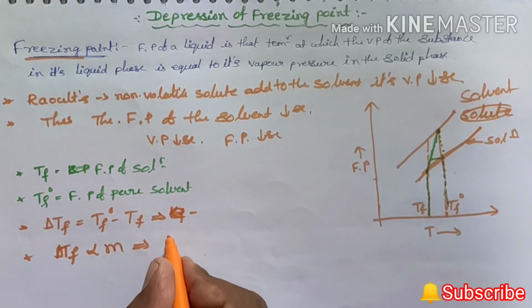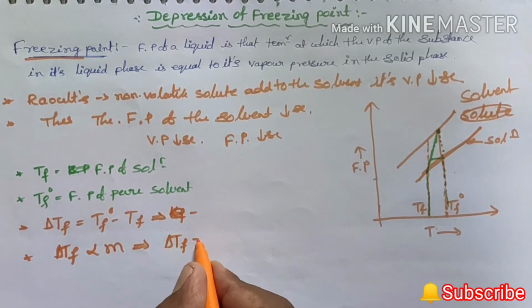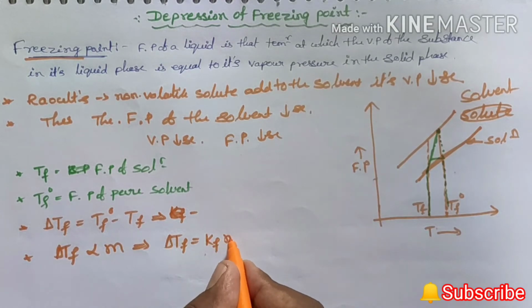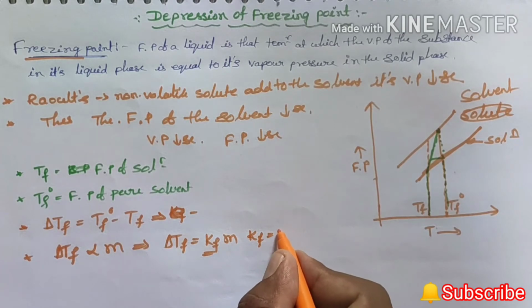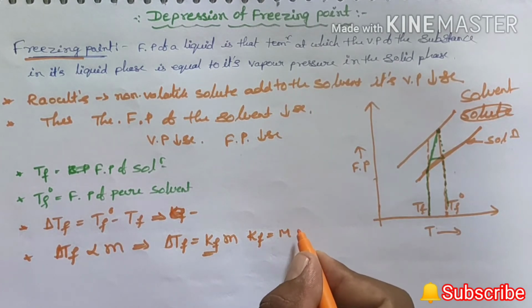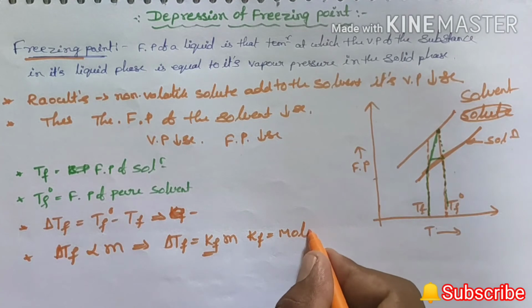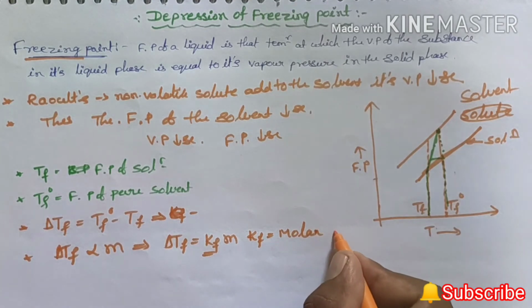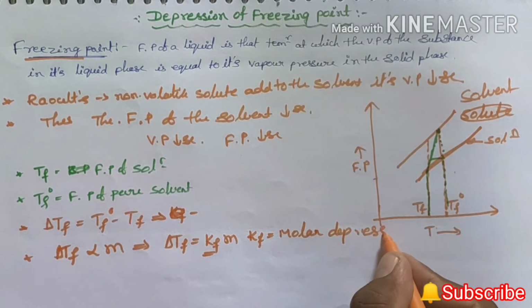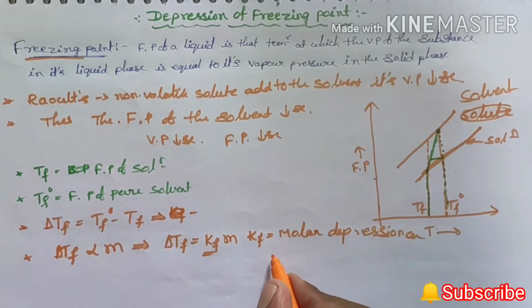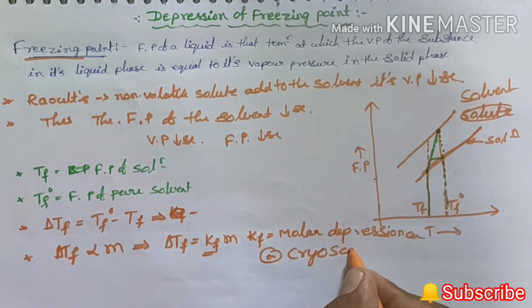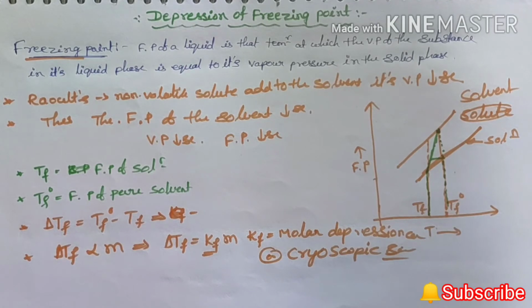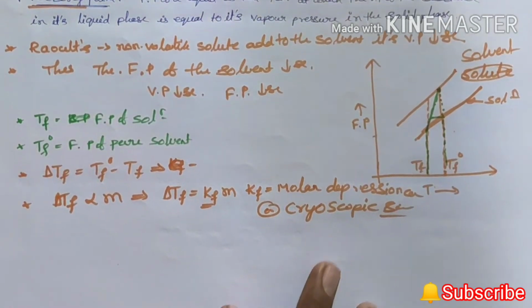We remove the proportionality constant: delta TF equals KF into m, where KF means the molal depression constant, also called the cryoscopic constant. What is meant by the cryoscopic constant?